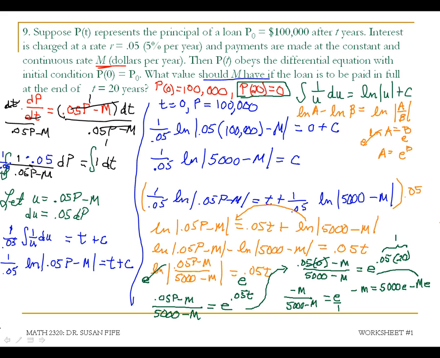I want to get my m terms together, so I'm going to bring this minus me over to the left side of the equation. That'll make it positive. And I'm going to be able to factor out an m, and then divide both sides by e minus 1. And here I get my value for m.